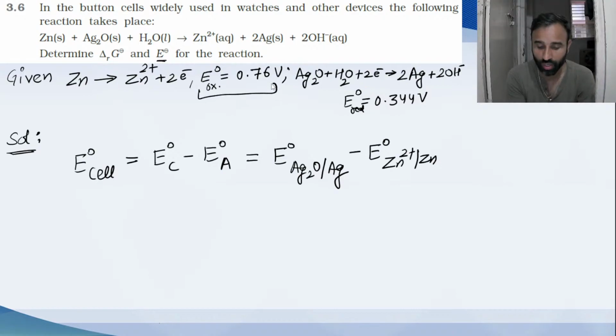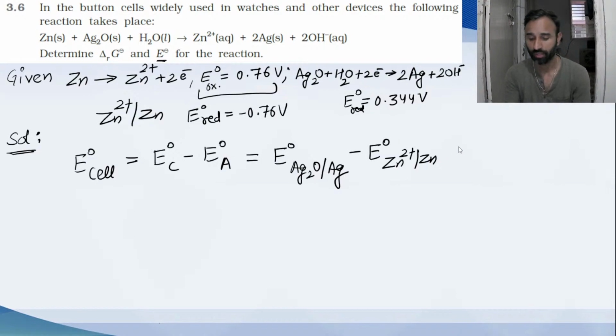These are the reduction potential values. See, E° oxidation is this one. So what is E° reduction? That is this cell, Zn²⁺ to Zn. So the value is minus 0.76 volt. Just put the value: 0.344 minus (minus 0.76).